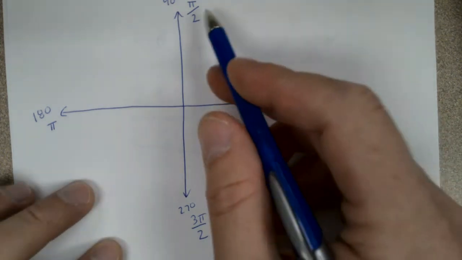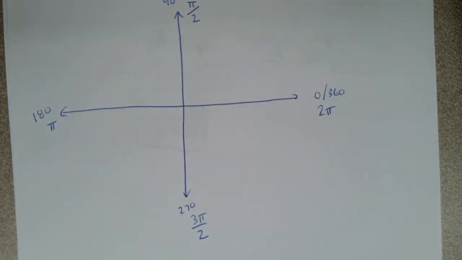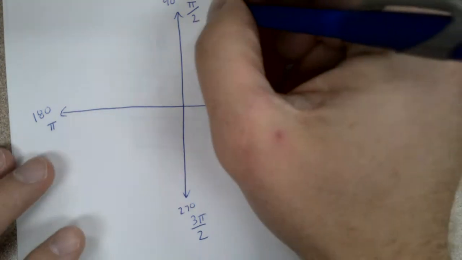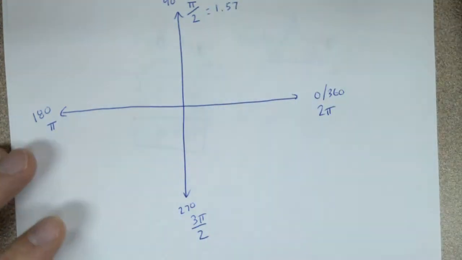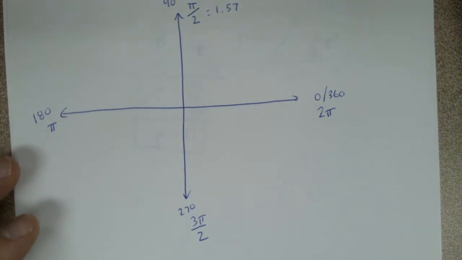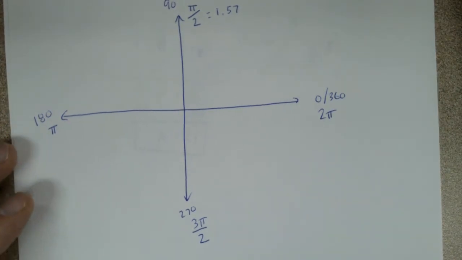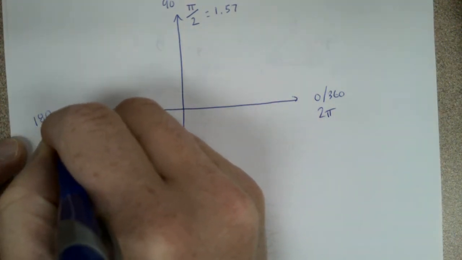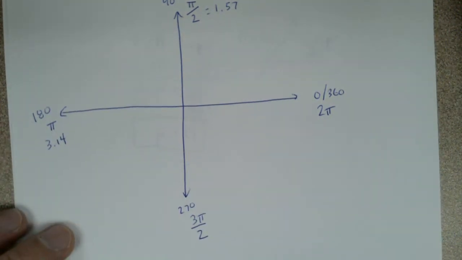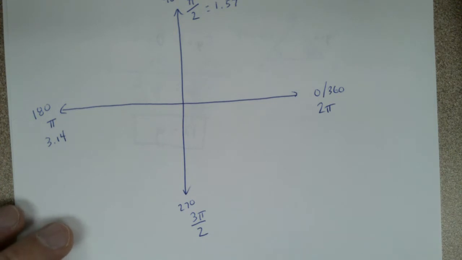So, at pi over 2, if I type that into my calculator, we know that pi over 2 is going to give me about 1.57. We know that pi is 3.14, so that'd be our value there if we're putting it in decimal form.